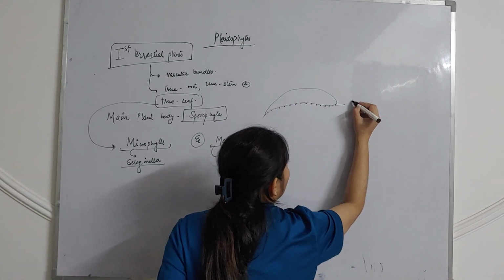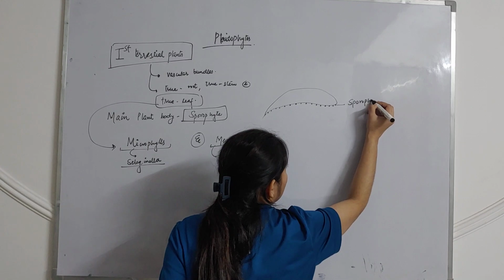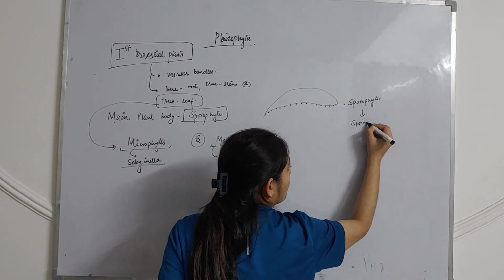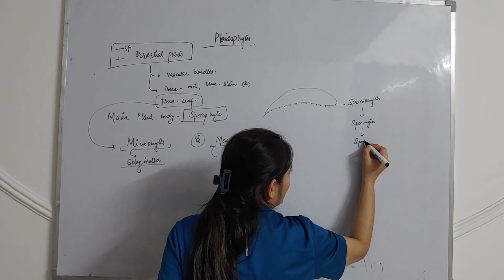The sporophyte bears sporophylls, which bear sporangia and which produce spores.